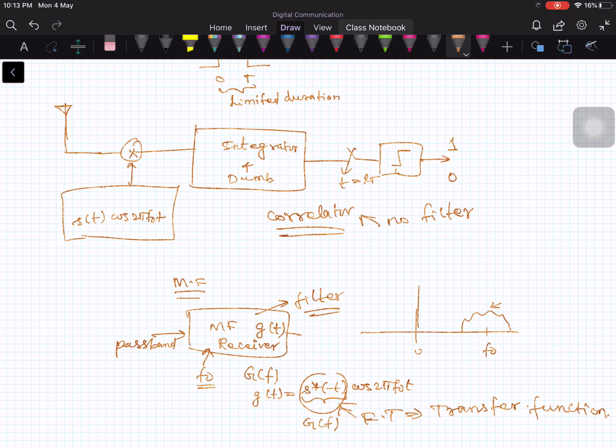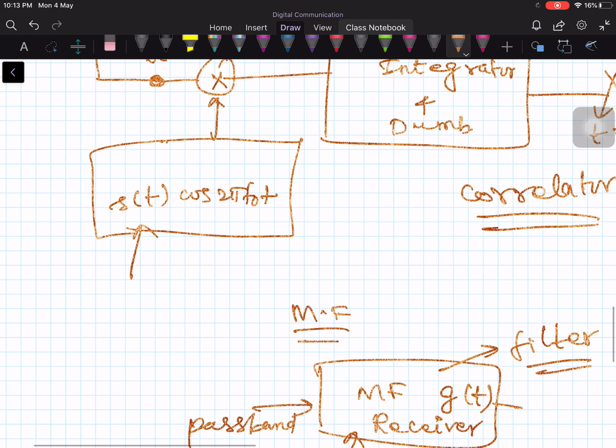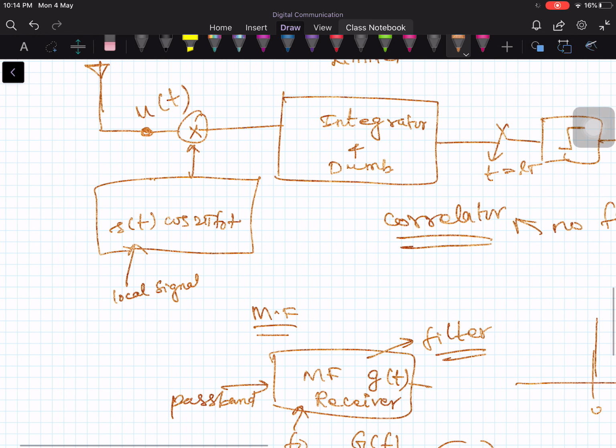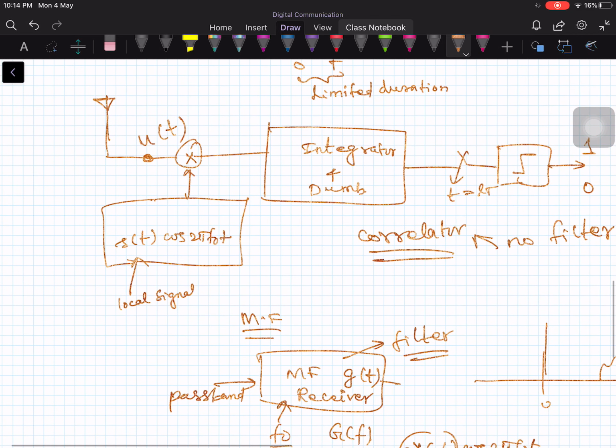All I do is take the incoming signal, this is my u of t, and multiply it with a local replica of the expected signal. Simply multiply in the correlator, and after multiplication, integrate.